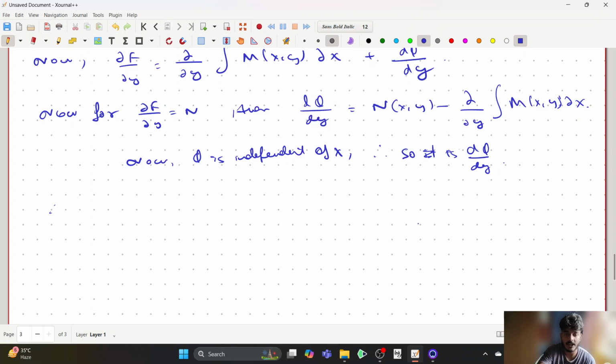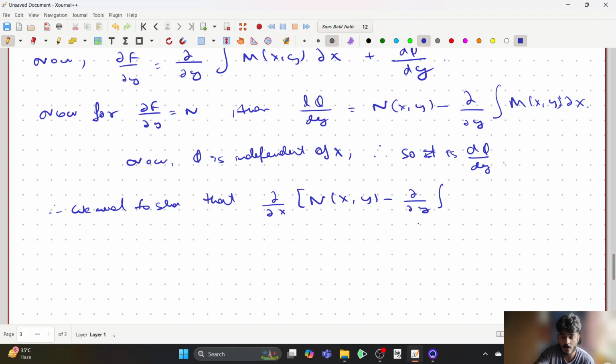Therefore, we need to show that del by del x of n(x,y) minus del y of the integration of m(x,y) del x is 0. This is what we need to show.